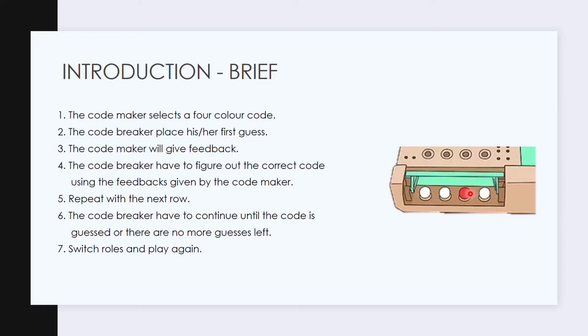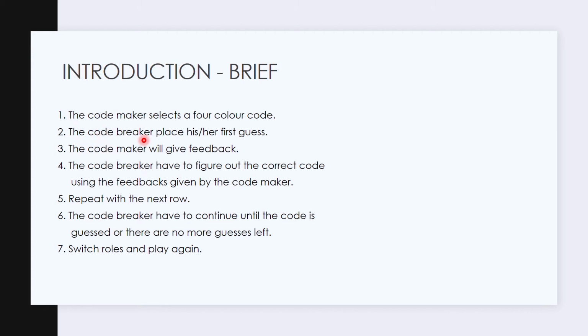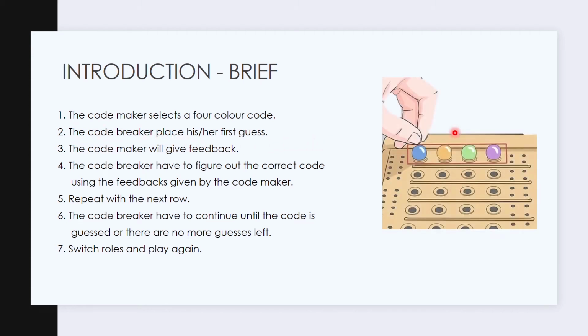This is the code that the code breaker will try to guess. The second step is, the code breaker will place his or her first guess. The other player will try to guess what the hidden code is. Sitting on the opposite end of the board, he or she picks up the color packs and places them in the nearest row of large holes.